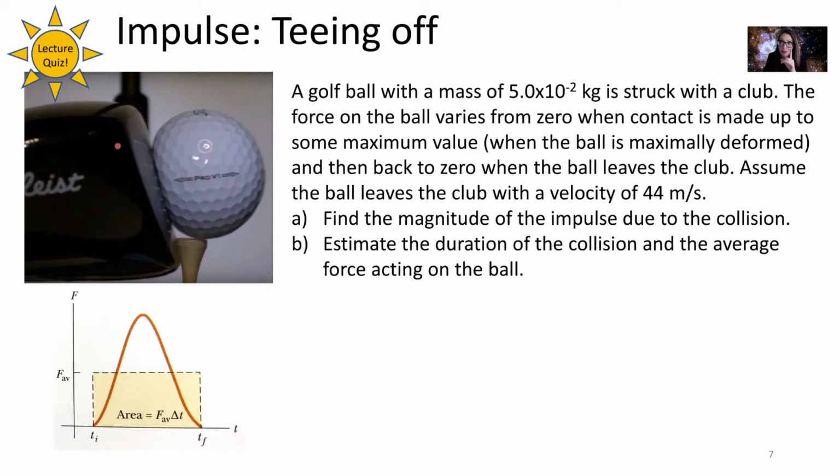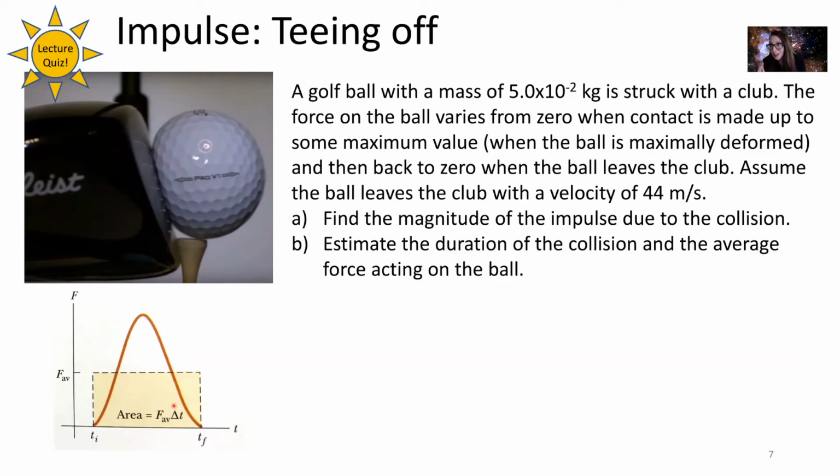Just like our foot on the football, we have here our golf club on the golf ball. So over some time period t, you see that the force increases and then it decreases again during the impact. Assuming that the ball leaves the club with some velocity, find the magnitude of the impulse during the collision.